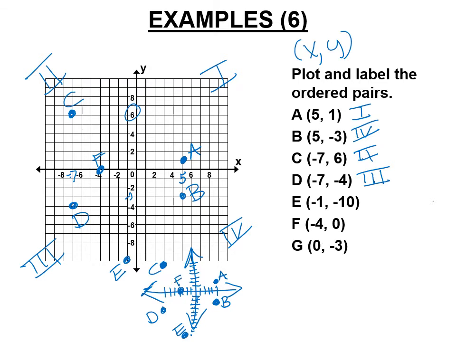G is at (0, -3). So X is 0, and then you go down to -3. So it's right there. We'll go over that. 0, then 1, 2, 3 down, and that's G.